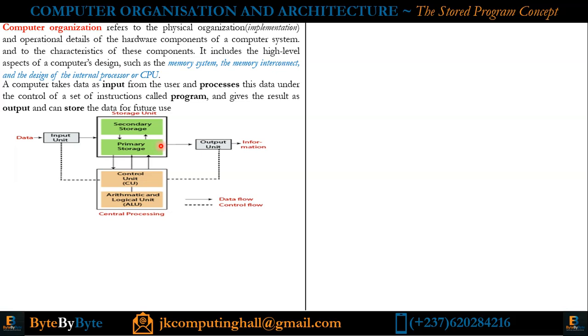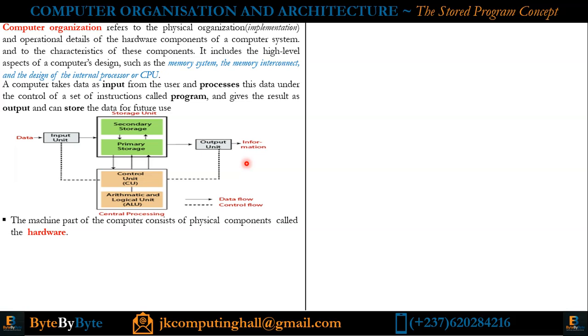From what was stored, we use the output unit in order to send out information. As you can see, one arrow indicates the data flow, while the other indicates the control flow. So basically, this is the diagram that simplifies the functioning of the computer.